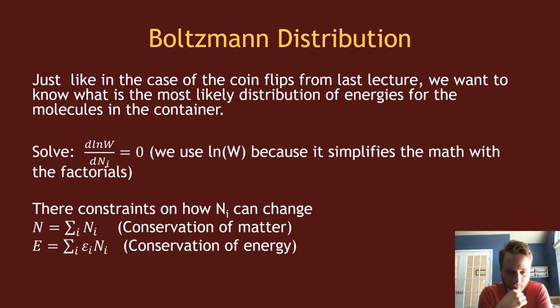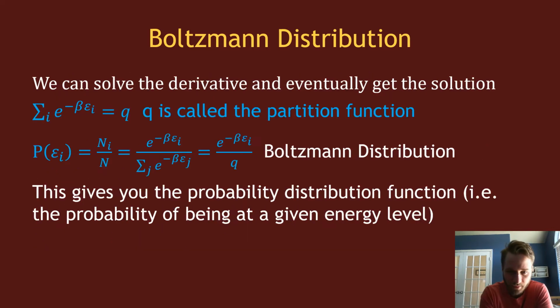We have a couple of constraints: the energy must be conserved and the number of particles must be conserved. So when you do that, you get back this Boltzmann distribution function, which is given here.